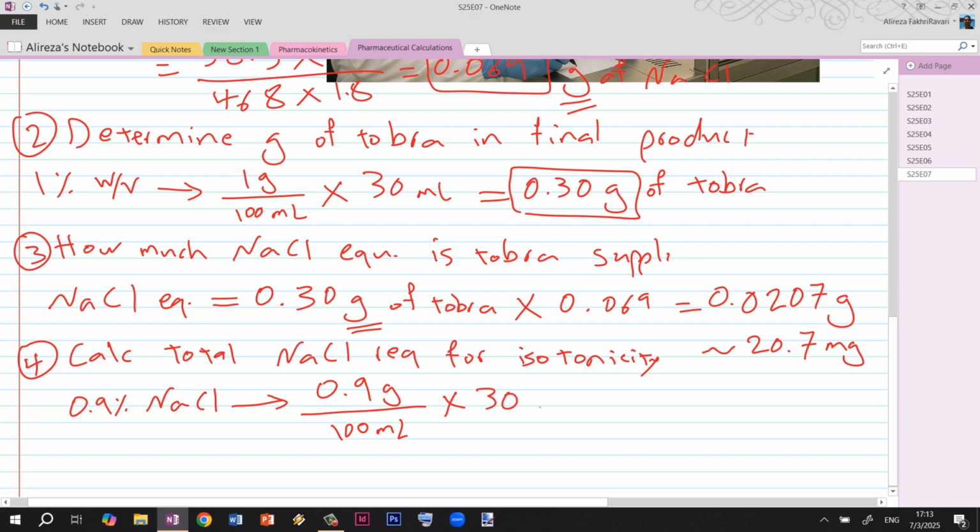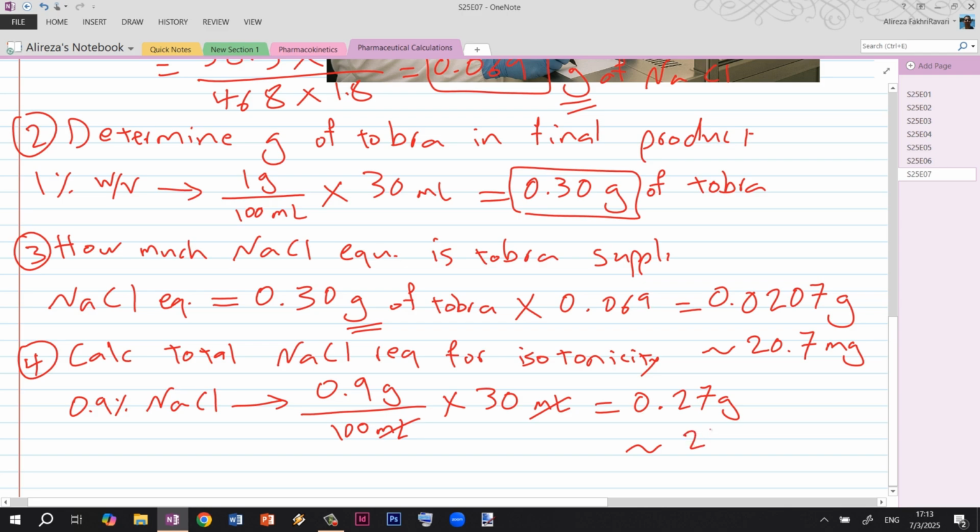So if we have 30 ml in the final product, if we want it to be isotonic, it will have this much sodium chloride. So you plug this in and ml and ml cancel, so this will give you grams. So 0.27 grams, which you can convert to milligrams.